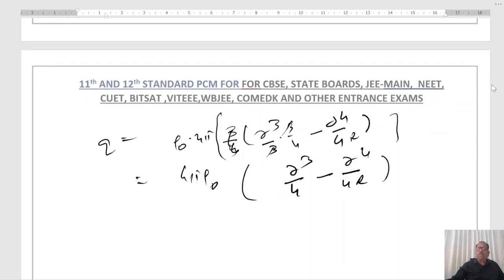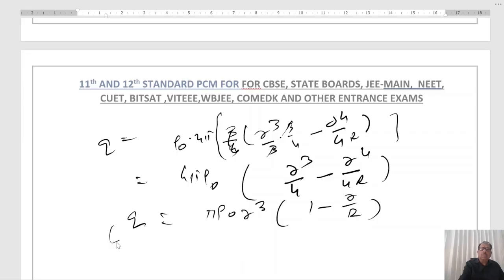If we take R cube common and 4 common, this 4 goes: pi rho naught R cube into 1 minus r upon capital R cube.